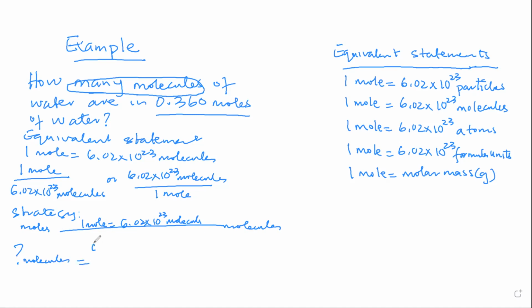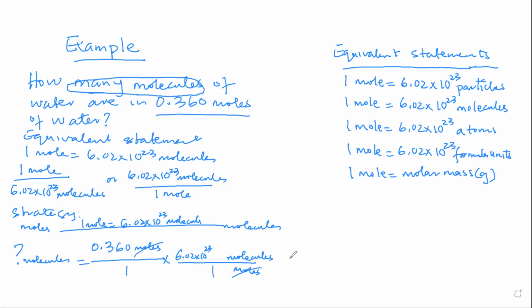So what we know must be on top, the numerator. And then this unit will be canceled here. We want molecules. So the conversion factor is 6.02 times 10 to the 23 over 1.